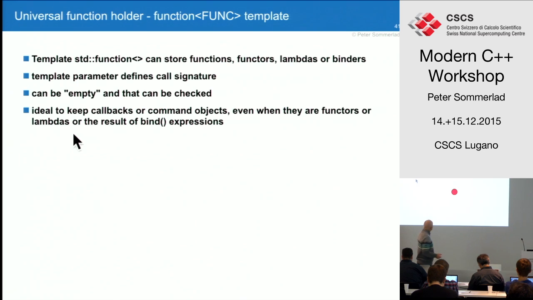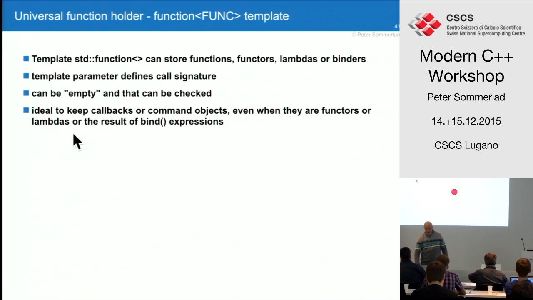And there's a thing called std function that you can use to store either of these things that can represent a function in a variable. For example, to pass it on later to an algorithm, or to call it for your data.